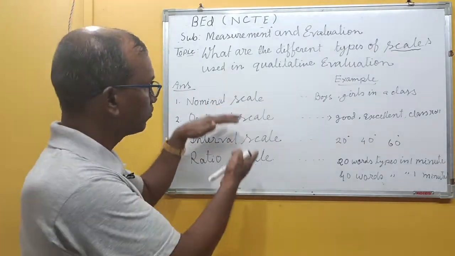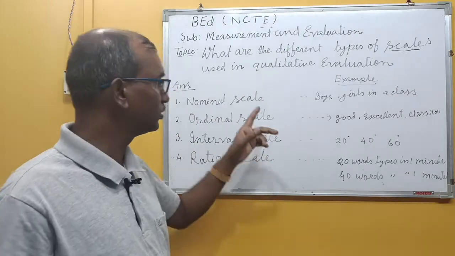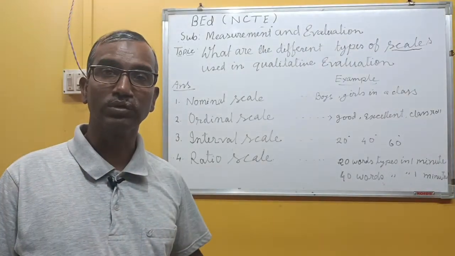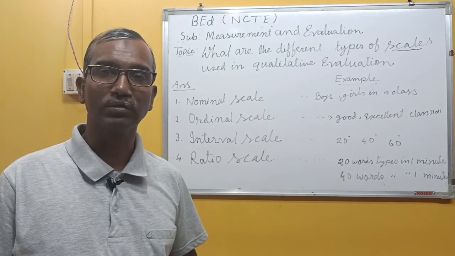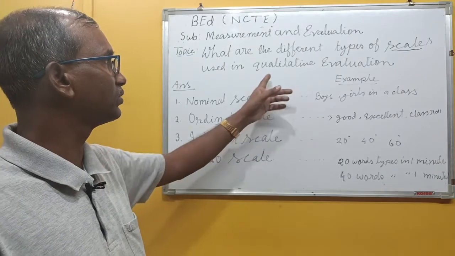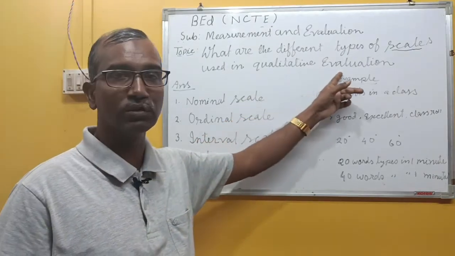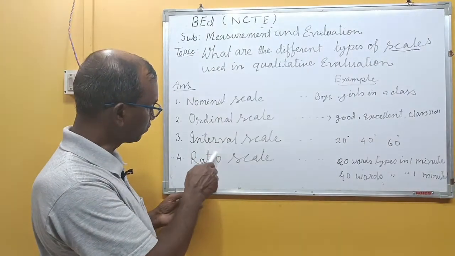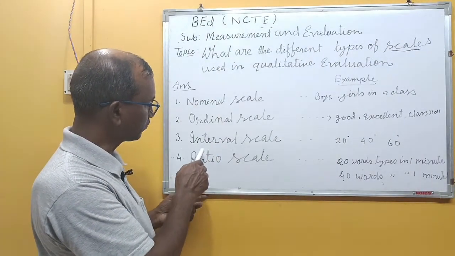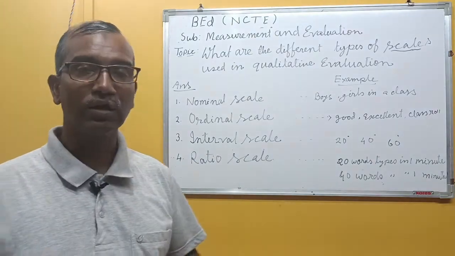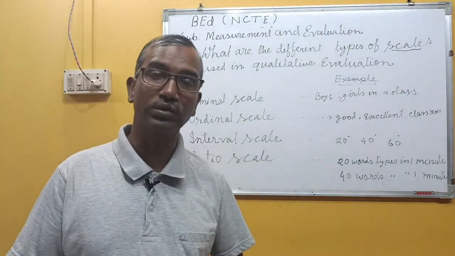While we discuss all these four types of scale one by one with example, definitely you will understand why all these four types of scales are used in qualitative evaluation, and at the same time why the last two, serial number 3 and 4, that is interval scale and ratio scale, are used in quantitative evaluation also.